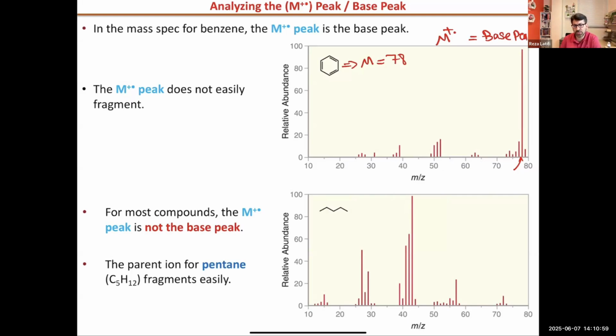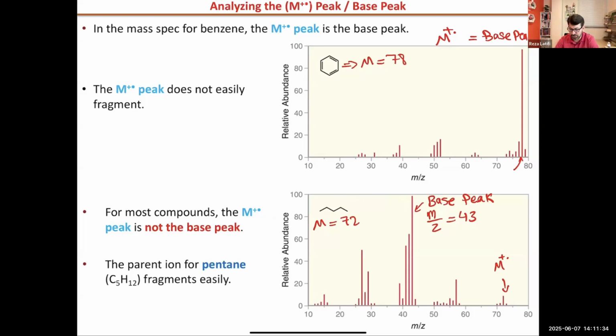But if we look at pentane, the molar mass is 72. 72 is here, so that's going to be the M plus dot, or the molecular ion. But the tallest peak is here. That's going to be the base peak, and M over Z for it is equal to 43. So as you see, for pentane, the base peak is not equal to the molecular ion peak.